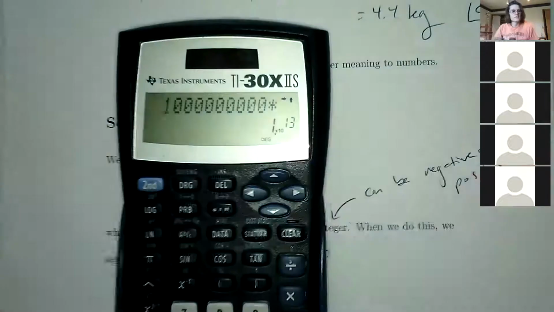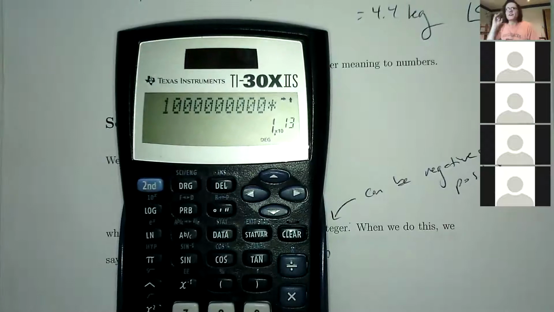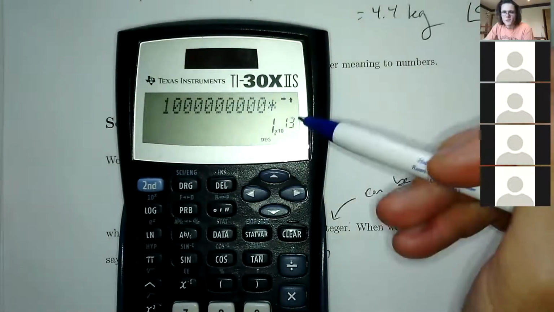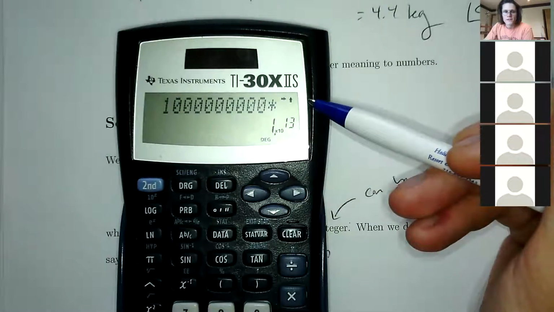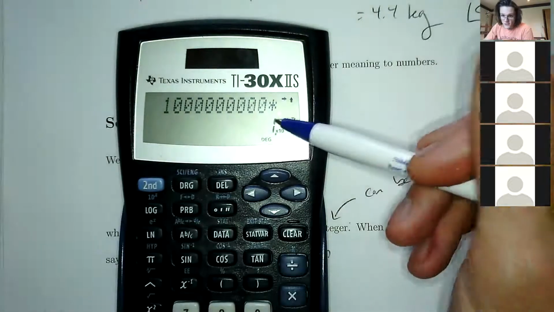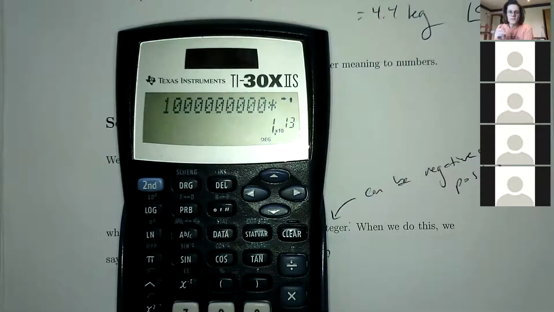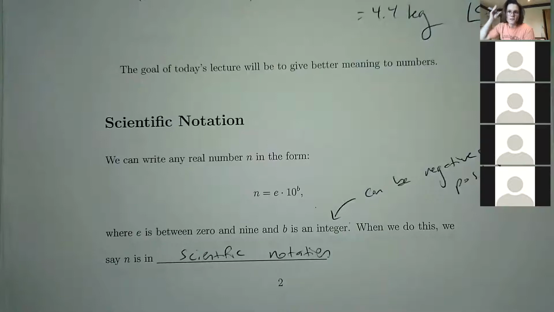A lot of calculators, especially older ones, will just tell you 1 and then E13. It's telling you the same thing, just in a shorthand, because it's a calculator with a little LCD screen, so it can't display nice pictures like this one can. So if you ever see an E and then a number on a calculator, it's probably putting that number in scientific notation for you because it can't display it normally.